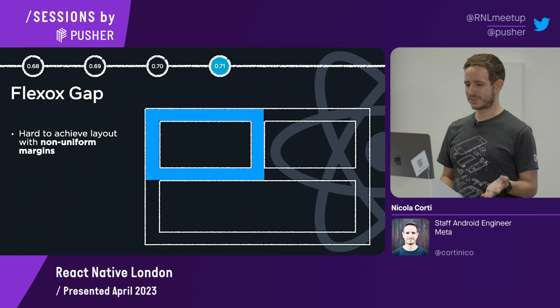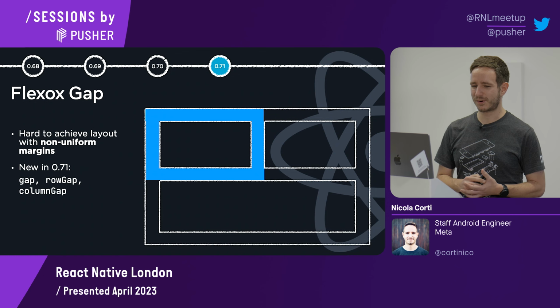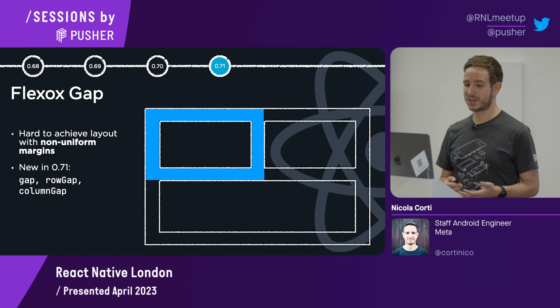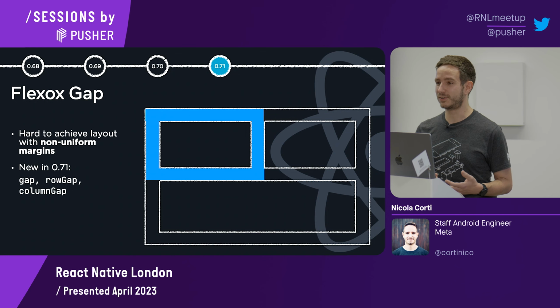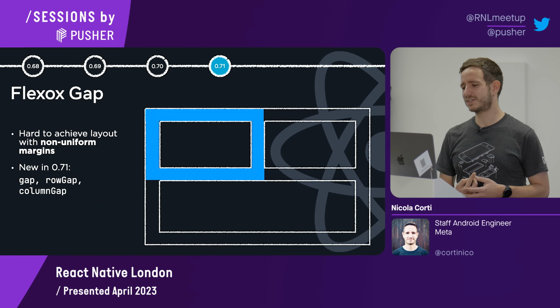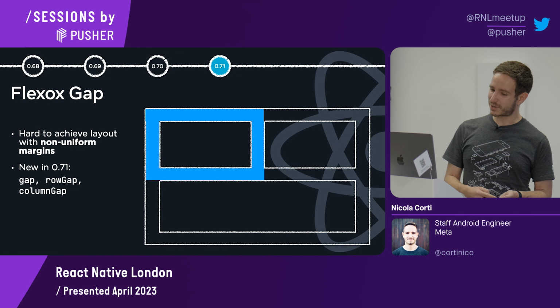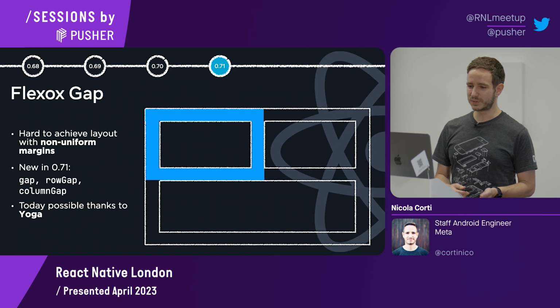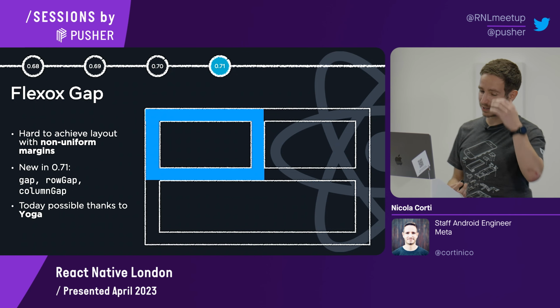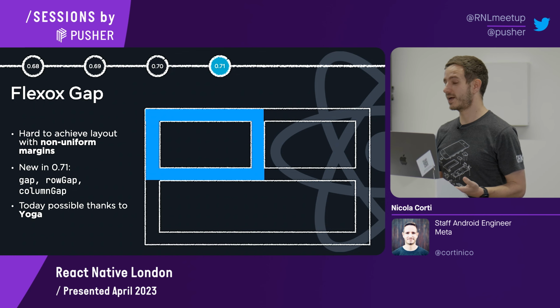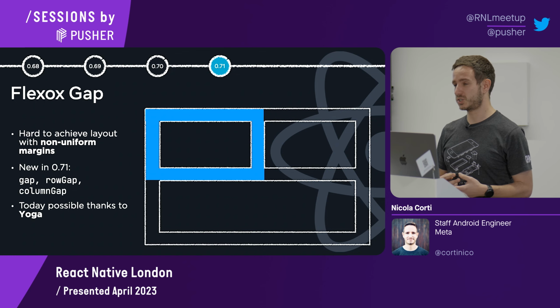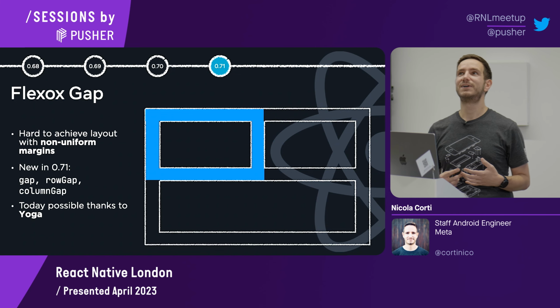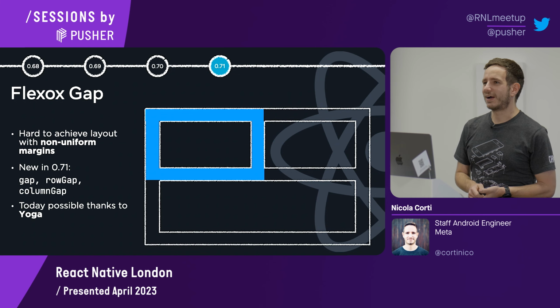Well, on web, you can use new properties like gap, row gap, and column gap, which are now available also on React Native. And this is possible because we took a closer look at Yoga, our layout engine, which has been neglected for a bit, I have to mention.